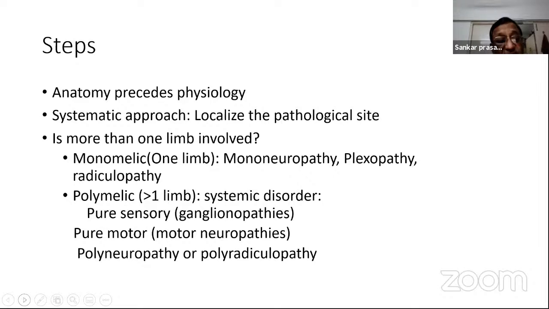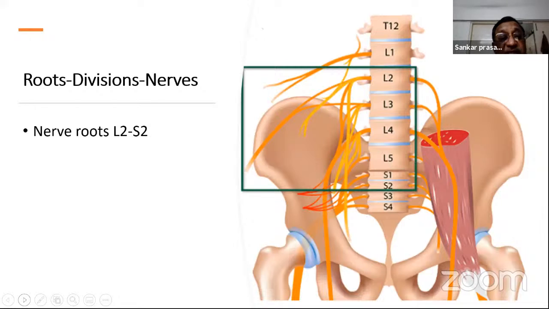If it is more than one limb, that is polymelic, it can be a systemic disorder. Pure sensory is ganglionopathies, pure motor is motor neuropathies, or polyneuropathy or polyradiculopathy. So our interest, when we are looking at the lower limbs, is mainly mononeuropathy, plexopathy or radiculopathy. These are the three important things.